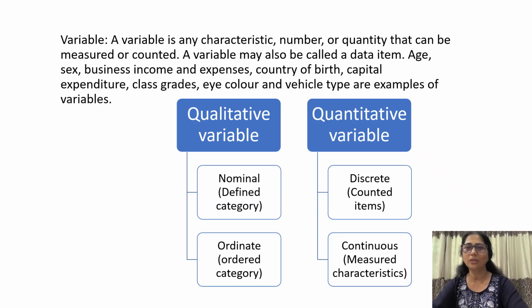Continuous is something we can measure with continuity, like the height or weight of a person. Income or expenditure of a business is an example of discrete form.